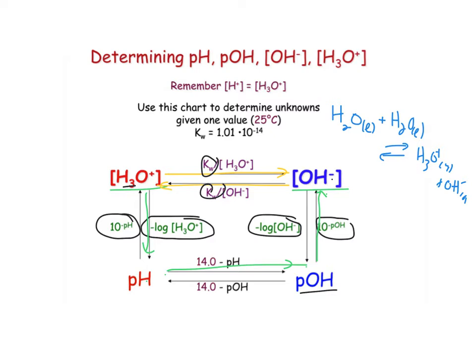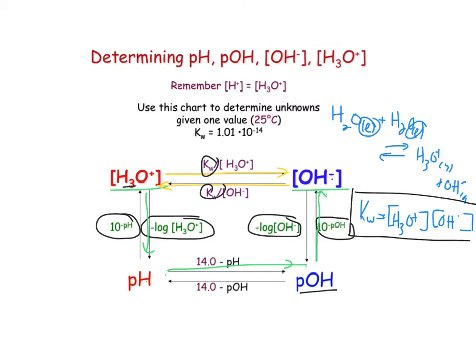If we look at the Kc for this, or we call it Kw because it's for water, it is equal to my products over my reactants. So my products are hydronium times hydroxide over our reactants, but because water is a liquid, it's not included. So we have this Kw expression, which gives us the relationship between hydronium and hydroxide all the time.